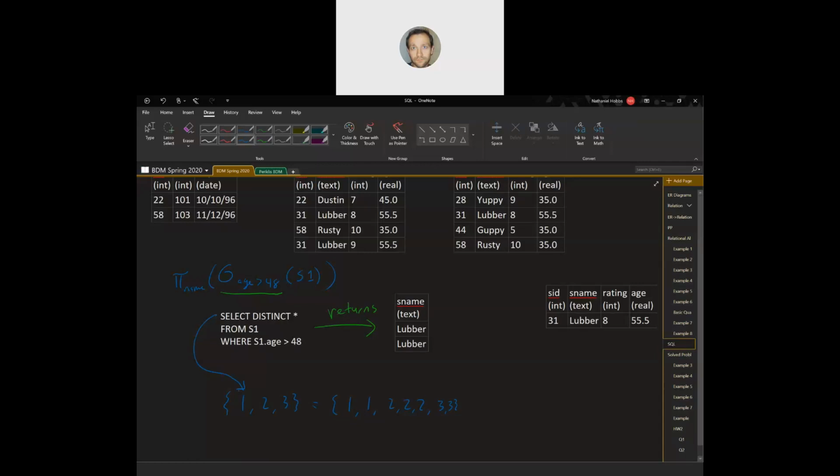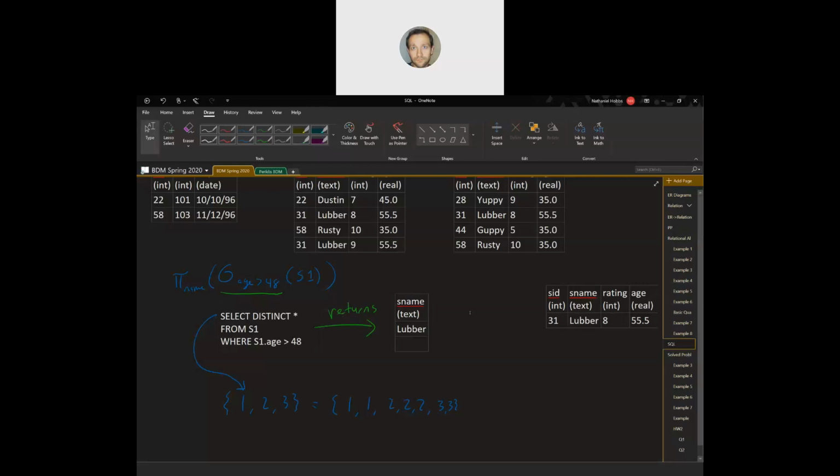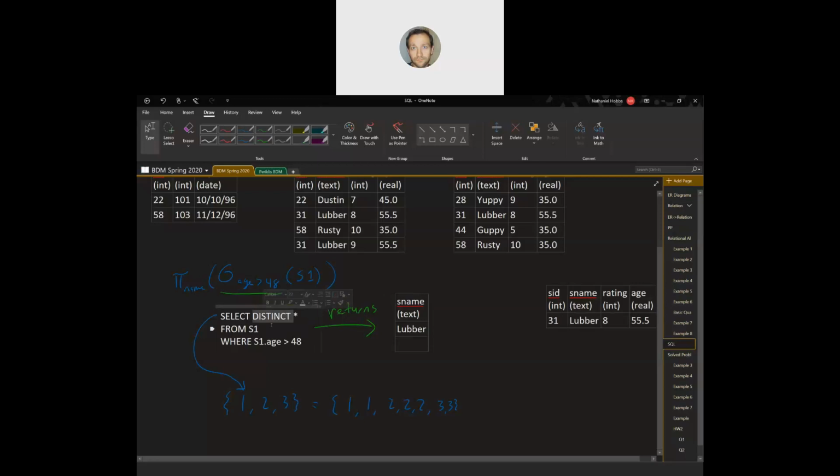Okay, so this is a very tangible, real thing that does have an effect for the outputs. Without the distinct, we get this result. With the distinct, we get this result. Okay? So, for this class, every query that we have will use this distinct word.